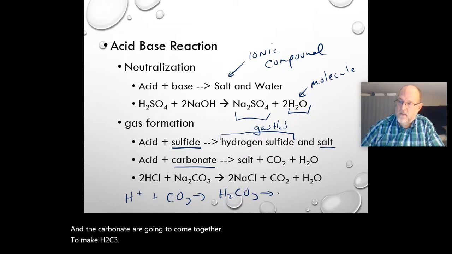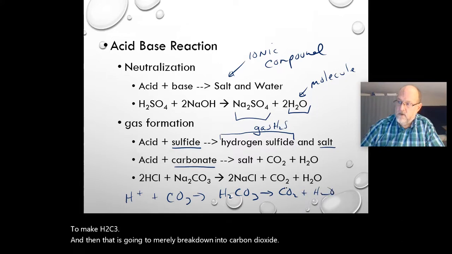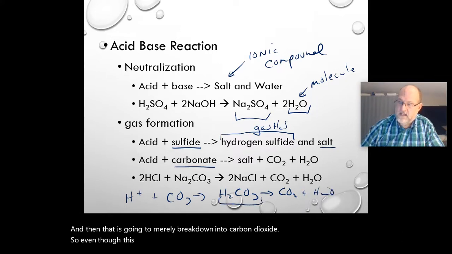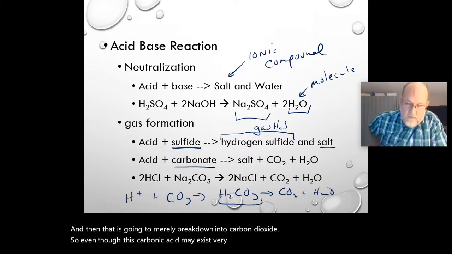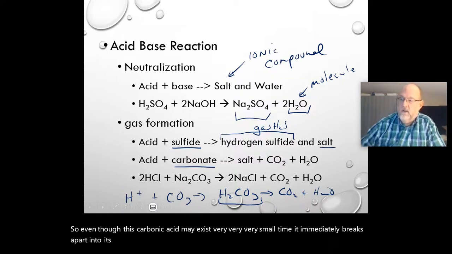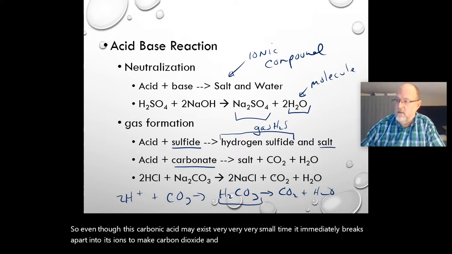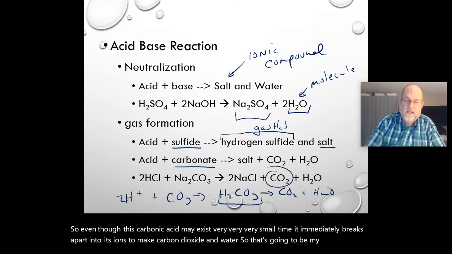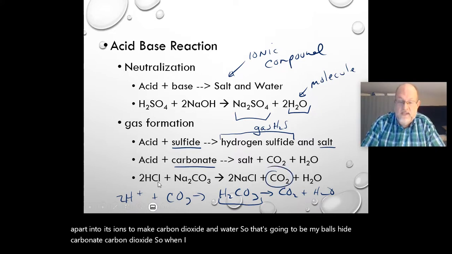And then that is going to immediately break down into carbon dioxide and water. So even though this carbonic acid may exist for a very, very small time, it immediately breaks apart to make carbon dioxide and water. So that's going to be my bubbles, carbon dioxide. When I take a carbonate and react it with acid, I'm going to see bubbles.